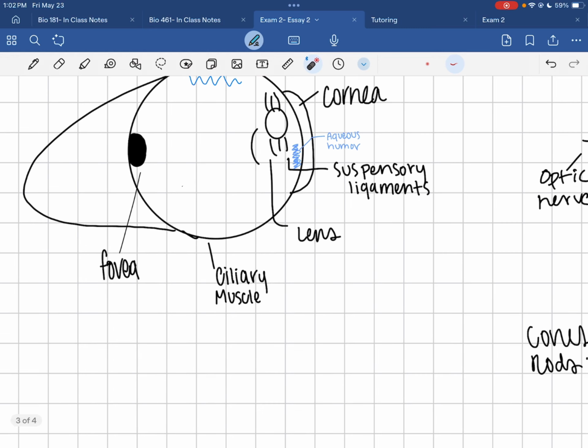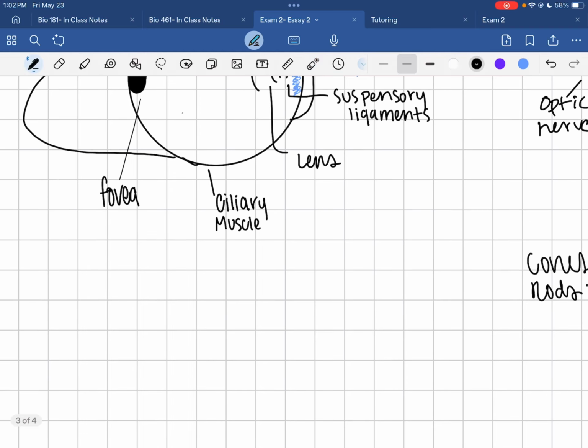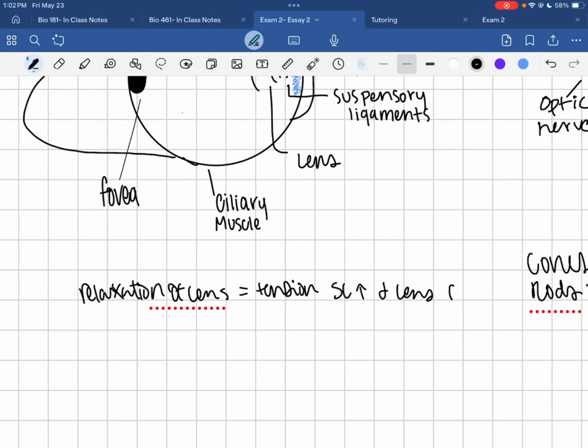So the ciliary muscle, when it's relaxed, tension on the suspensory ligaments increases and then the lens flattens. So relaxation of the ciliary muscle is equal to tension on suspensory ligaments, which causes them to increase, and the lens flattens.